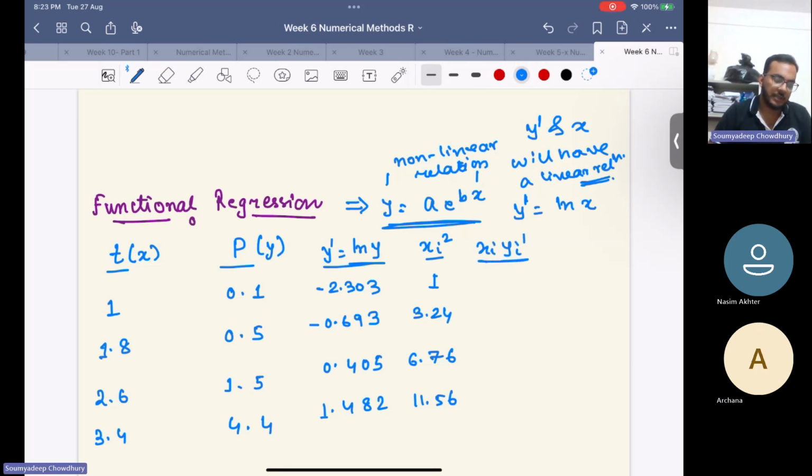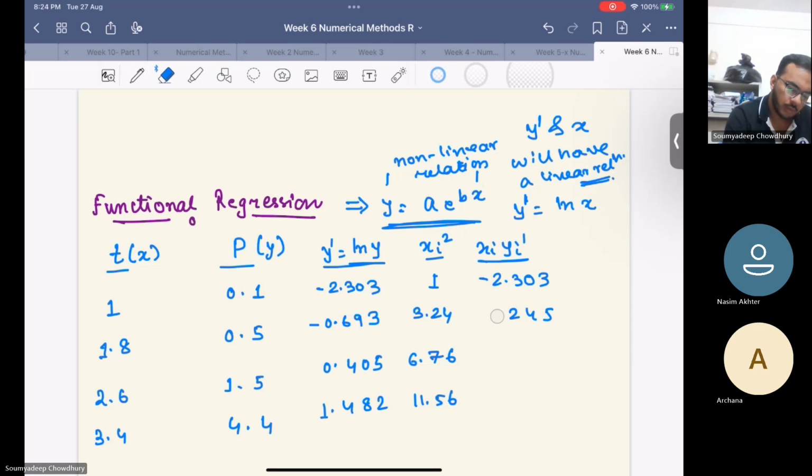So xi yi dash, can you tell me? It is basically minus 2.303, 3.243, 5, 6. Sorry, this is xi into yi dash.